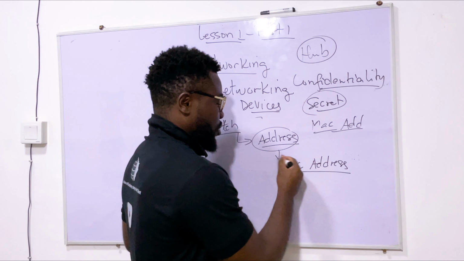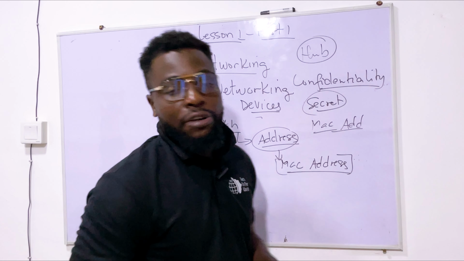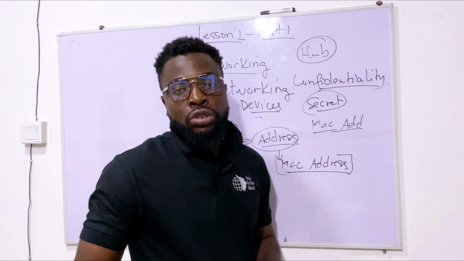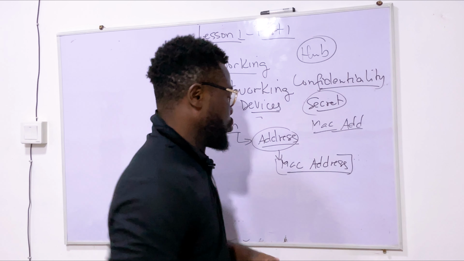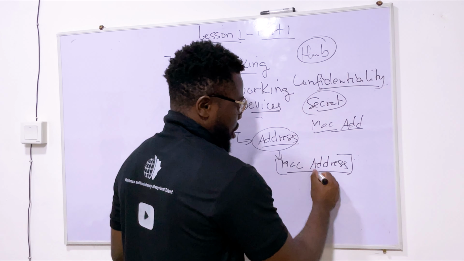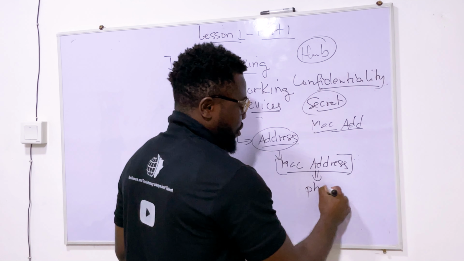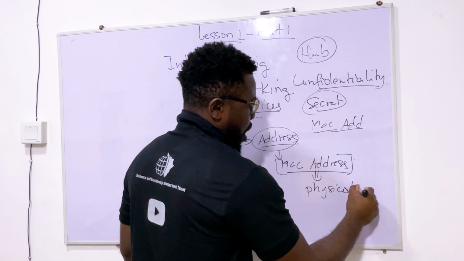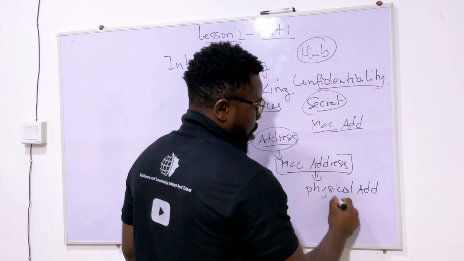This is also a definition you can find elsewhere, Google, Wikipedia, and so on. But I can just give it to you. A MAC address is basically a physical address of a device.